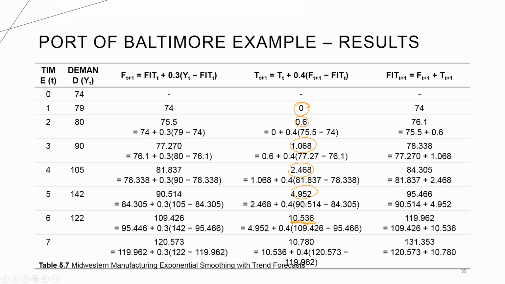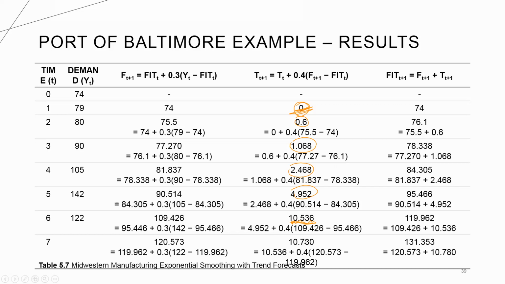So when I'm starting up this exponential smoothing with trend, if I start the trend at 0, it's going to take several periods before my trend adjustment is really locked in to a good number. So I can expect to be behind the trend for several periods. After period 6, maybe I've locked in on it now.